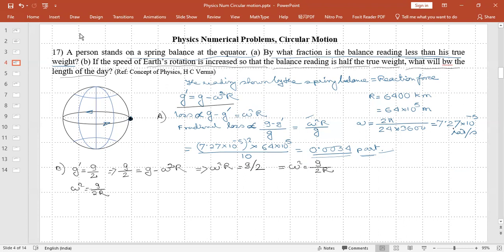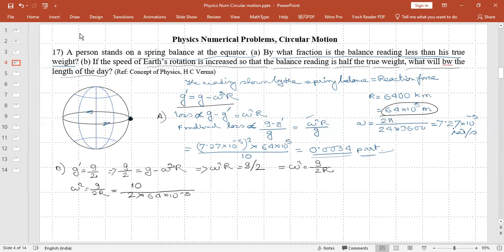If you calculate g by 2R, once again g is 10 and 2 into R is 64 into 10 to the power 5 meter.